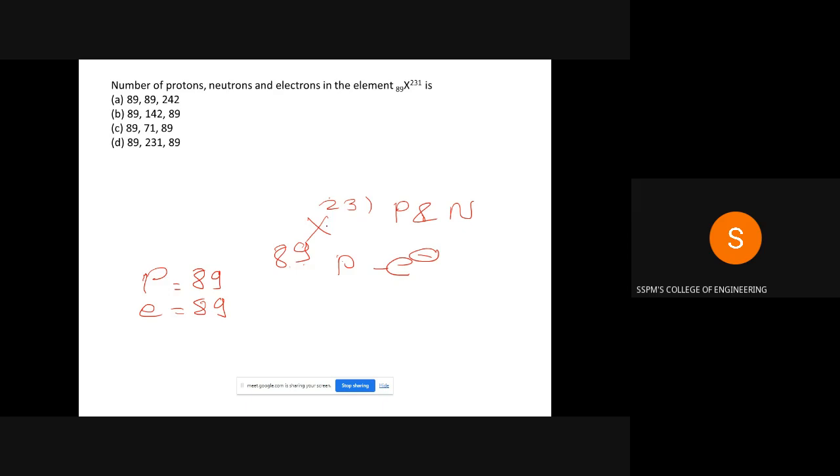How can you calculate the neutrons? Atomic mass number minus atomic number.